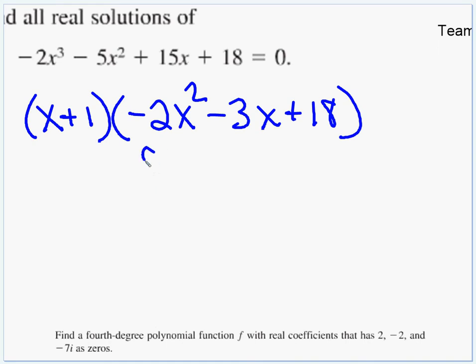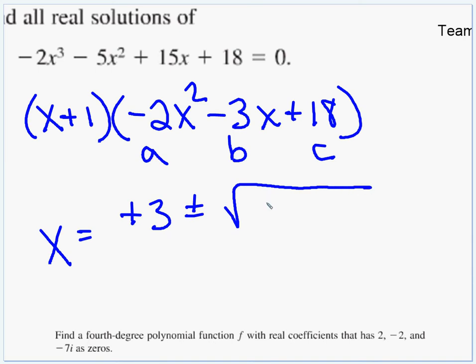A is negative 2, B is negative 3, C is 18. x equals negative b plus and minus the square root of b squared minus 4 times AC. Let's see, AC will be a negative 36. So that's a negative 4 times a negative 36.